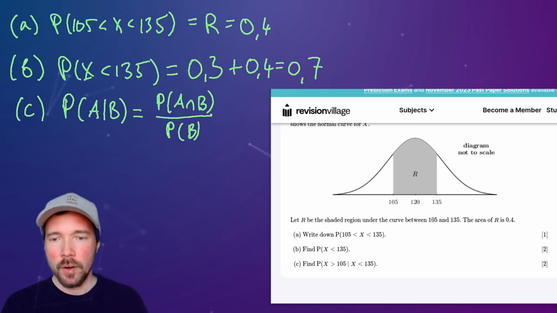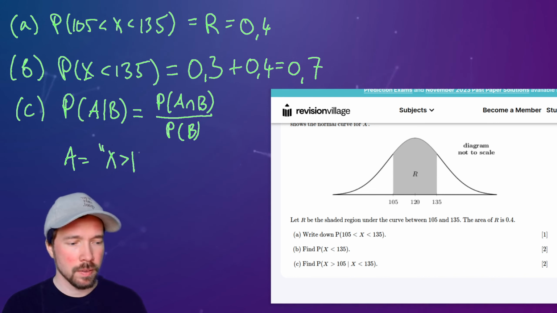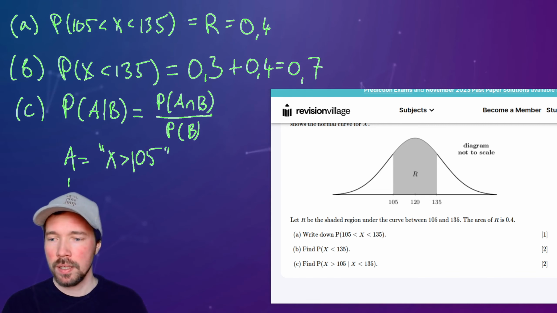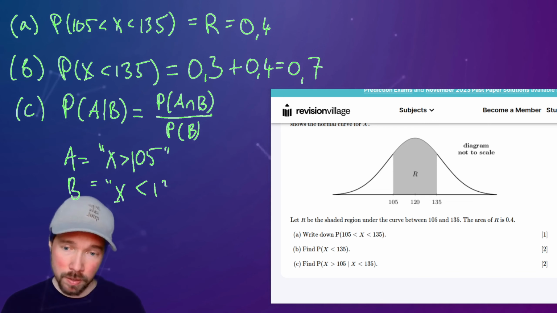So in our case, A is that x is greater than 105, and B is that x is less than 135.